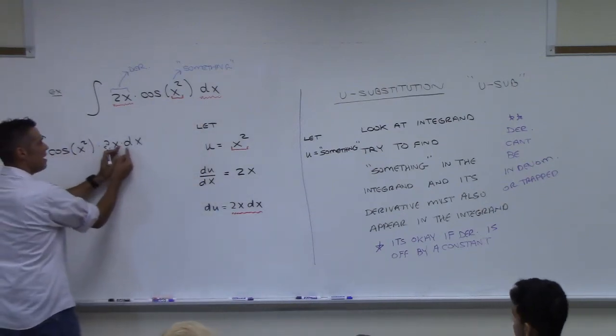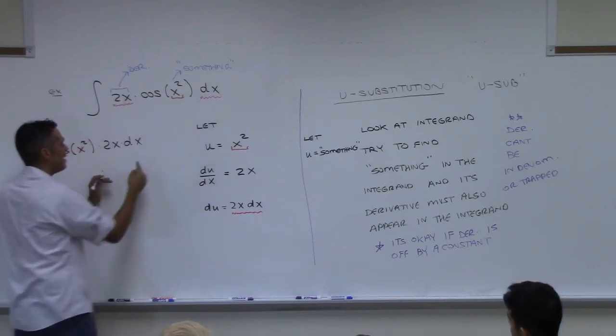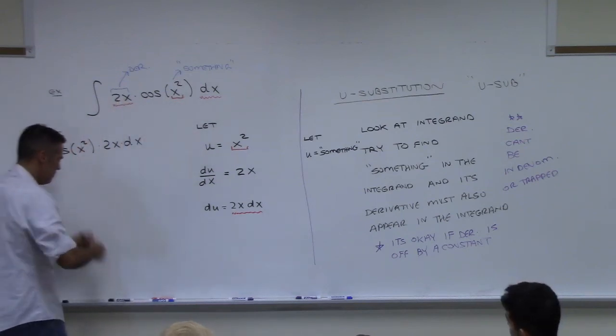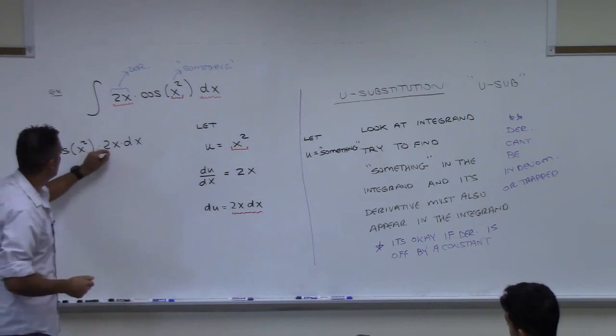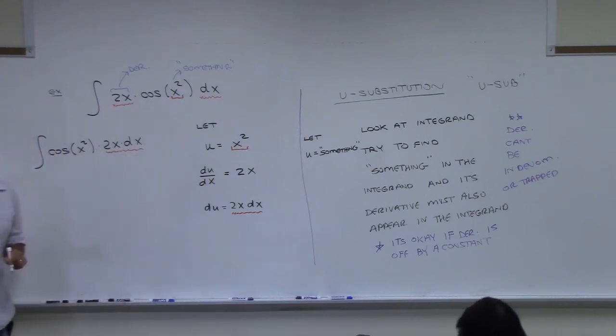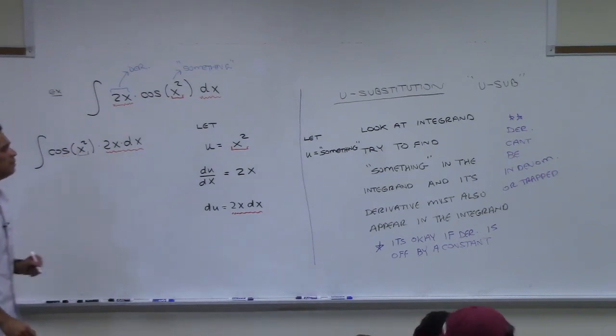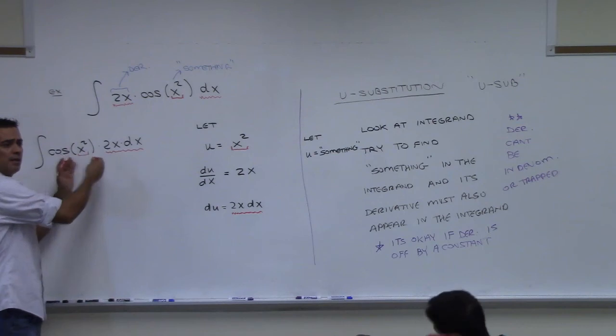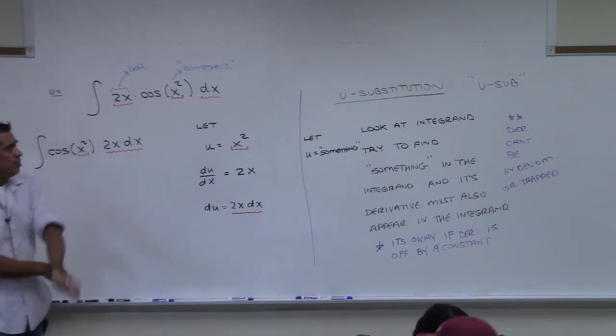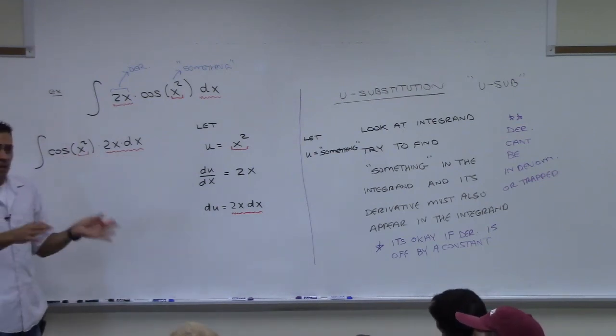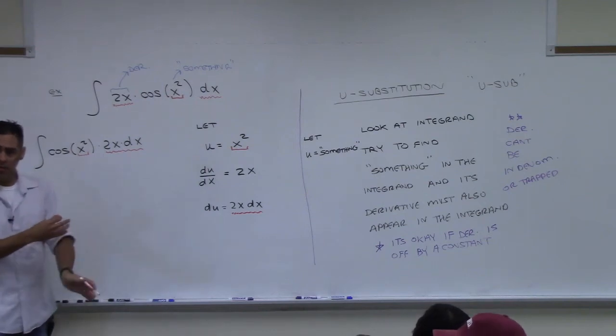This times that, right? So I just slide that to the back. And do you agree that this piece right here can be replaced with what? du. And this piece right here is going to be replaced with u. And then won't the entire expression switch from x's to u's? We have made a substitution. We've replaced our x's with u's.